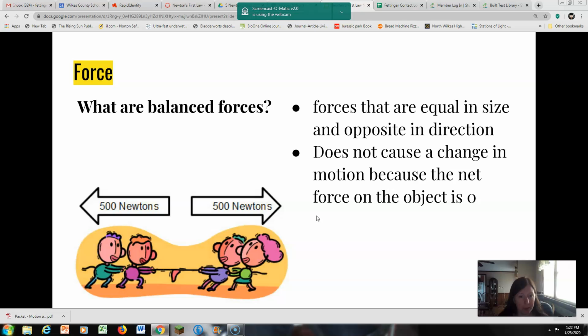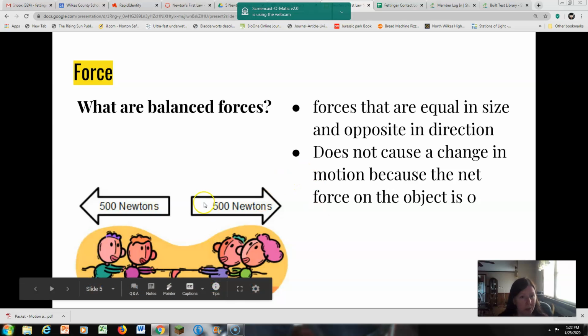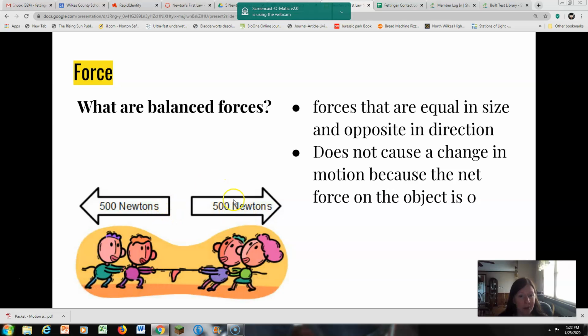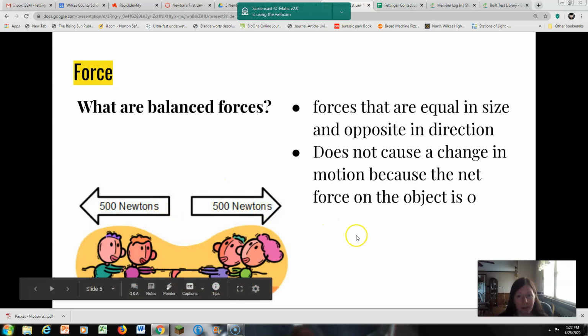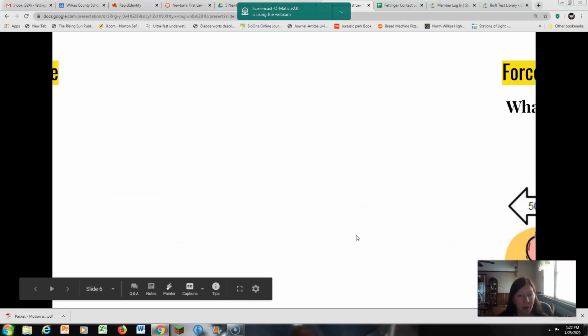They're both pulling with 500 newtons in both directions. So even though you have 2 different forces acting, the rope is not moving because it is balanced. So the net force in this instance, 500 minus 500, is 0. There's no movement. But that rarely happens when you're playing tug of war.